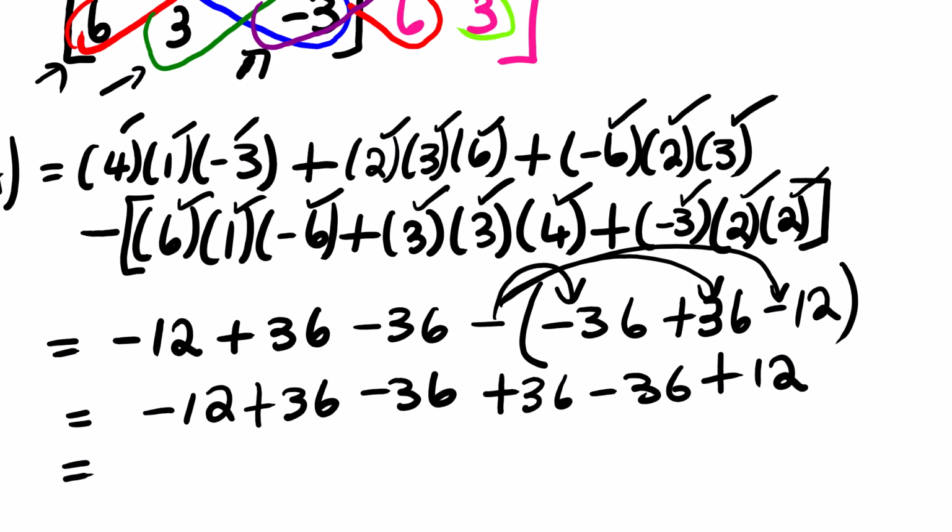Now you can see that, actually, let me do this. This and this will cancel each other. This and this will result in 0. This and this will also result in 0. Now the moment you calculate the determinant, you find that the determinant is 0.